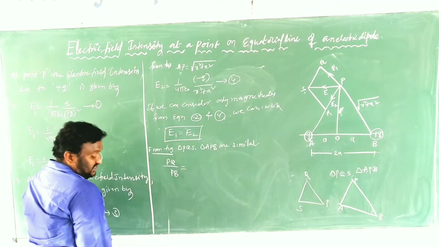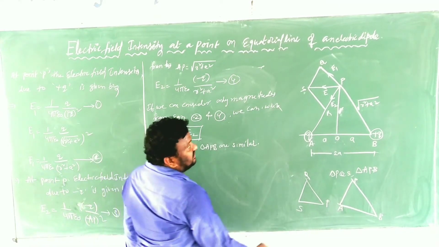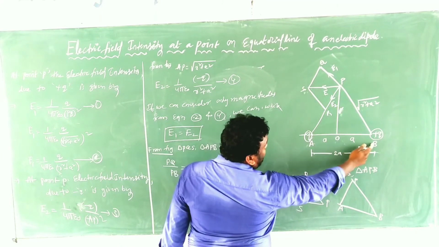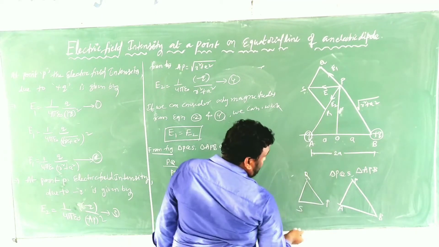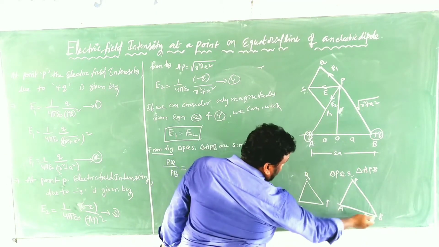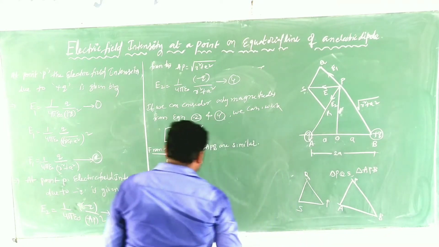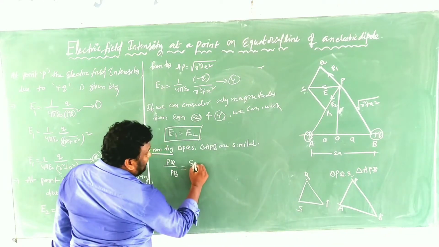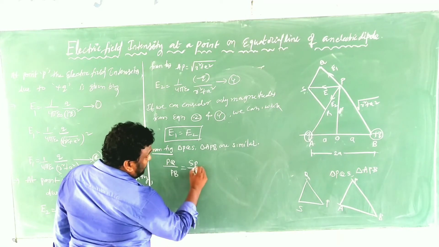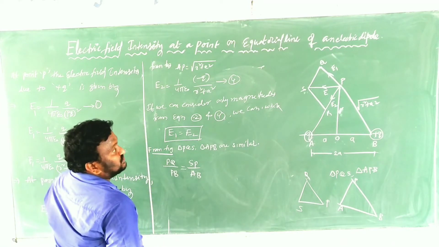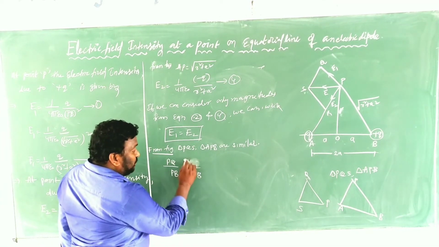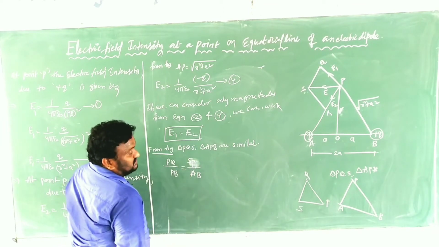This is one ratio. And the next is PS by AB, so SP by AB. Clear?